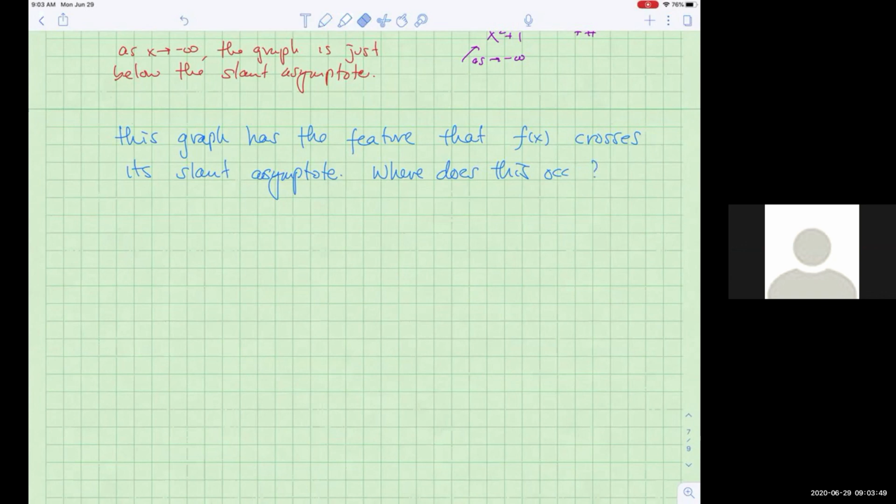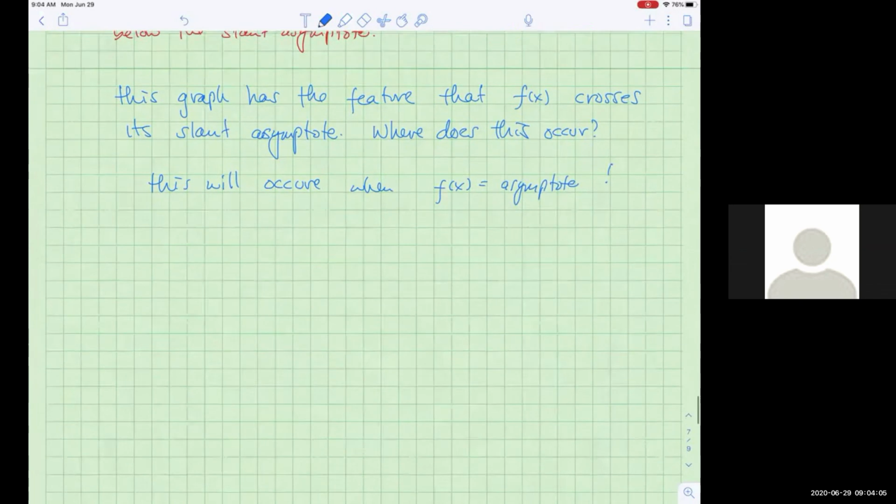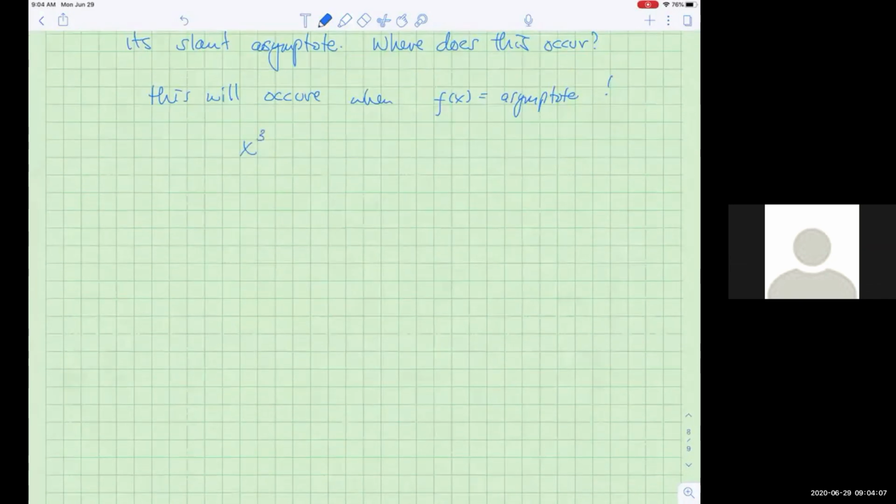So let's take a look at that. This will occur when f of x equals the asymptote. So our function was x cubed minus 2x squared plus 3x divided by 2x squared plus 2.